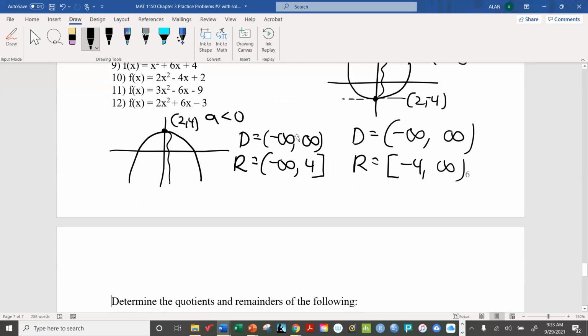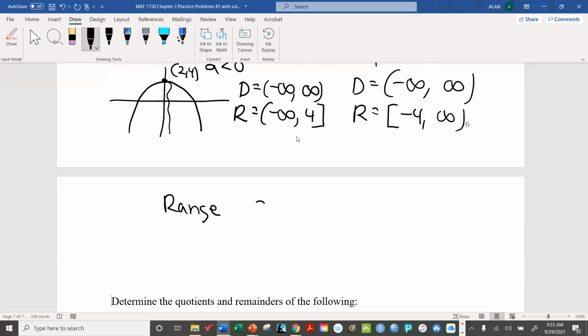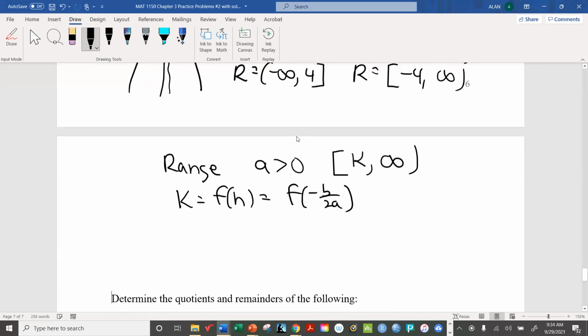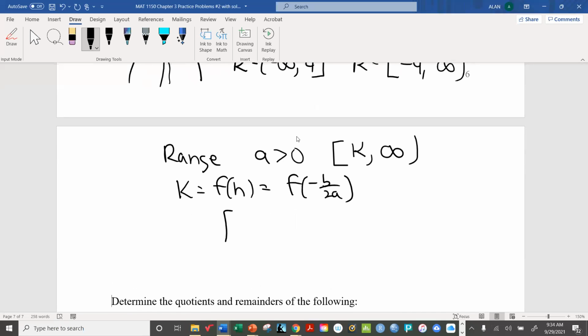So in other words, in the range, for A is positive, you could write this as K up to infinity, where K, remember, is simply f of h, which is f of minus b over 2a. So in the slides, this is written as f of minus b over 2a comma infinity. But I'm hoping that by seeing it written this way, you can see why this is happening.